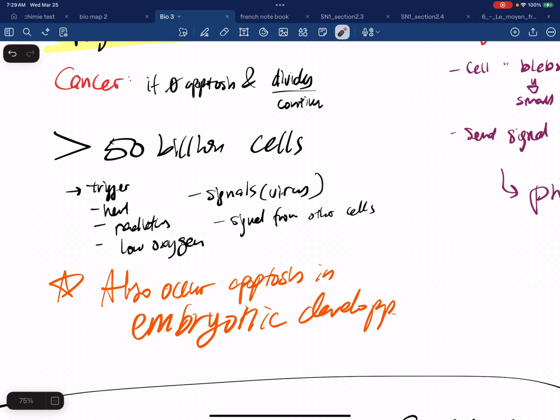These deaths called apoptosis could be caused by triggers such as heat, radioactive radiation, low oxygen, so if you don't breathe, and signals from a virus. This is what was covered during the virus lesson, how viruses can hijack host cells and tell them to do things they're not supposed to do and kill themselves, and signals from other cells as well. So that's where I think cancer or other diseases come in, telling the neighboring cells and the cells in all of your body to kill themselves, and they will do that.